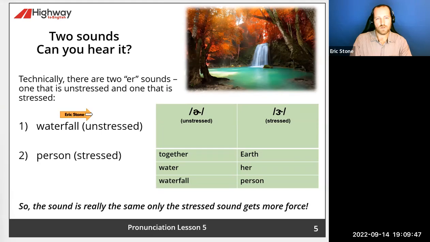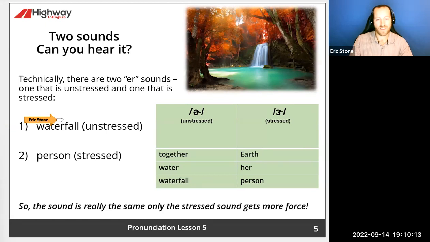So just so we're all clear, if a sound is unstressed, that just means that it's low. We don't really stress it or put a lot of force with our voice. For example, here, this word, waterfall. If you hear the sound of "er" is quick, it's very fast.